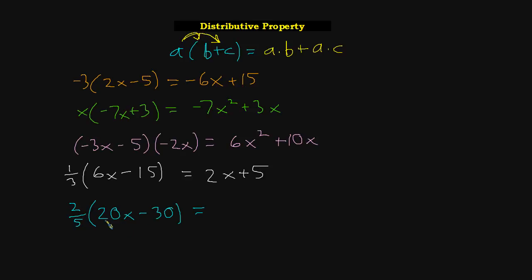Hopefully, this one's a little trickier. What we do is we divide the 20 by 5, that gets us 4, and then multiply by the 2. So that gets us 8x. That's something you should practice if you're not that good at it. Again, divide the 30 by 5, that gets us 6, then times 2, so that gets us 12, and then it'll be minus 12. Hopefully you're with me on that.